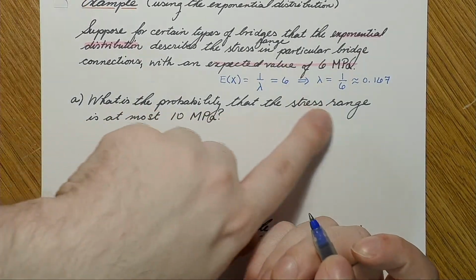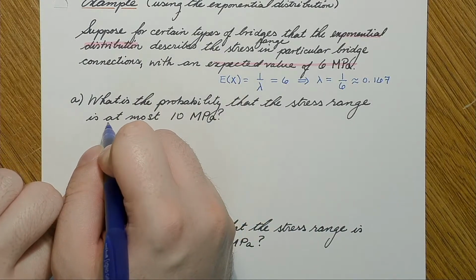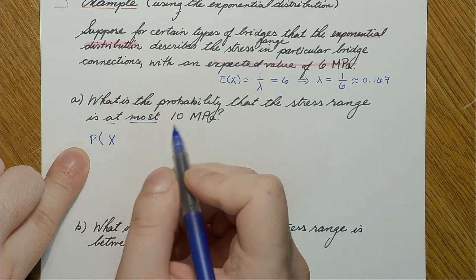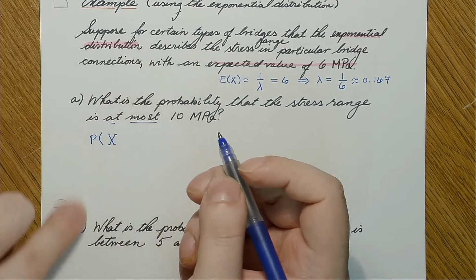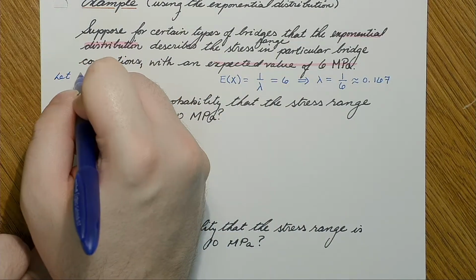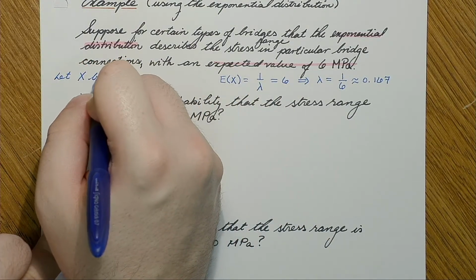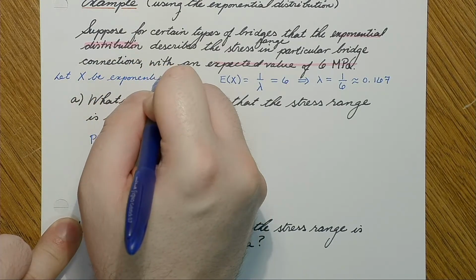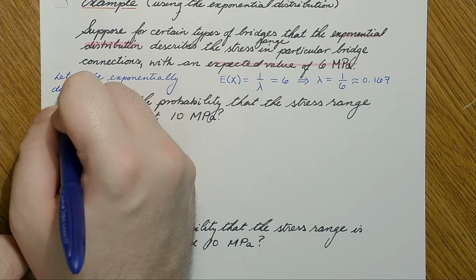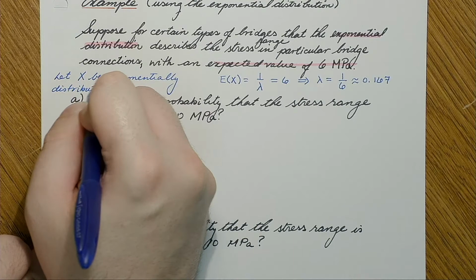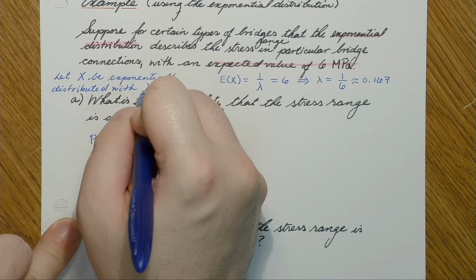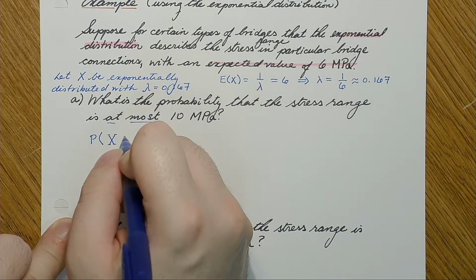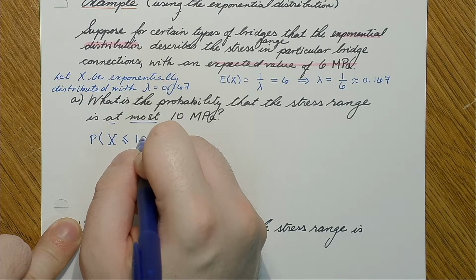We want the probability that the stress range is at most 10, so we'll say x is exponentially distributed with lambda equals 0.167, and we want it less than 10.